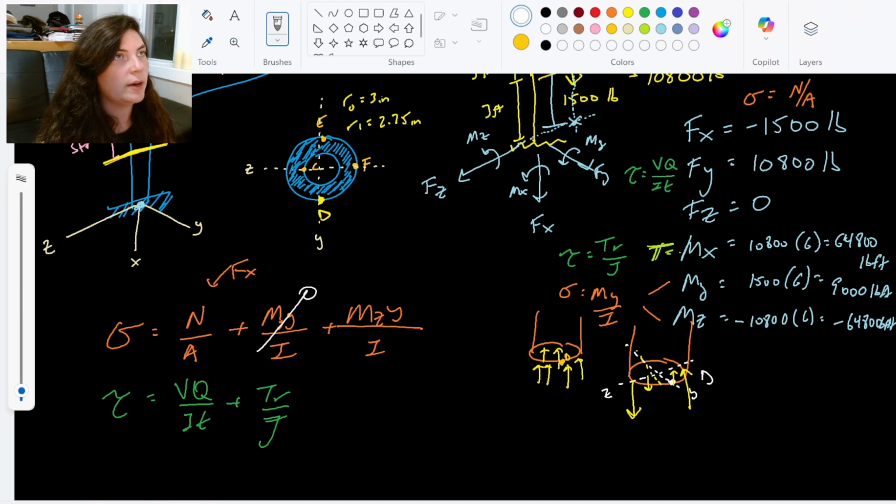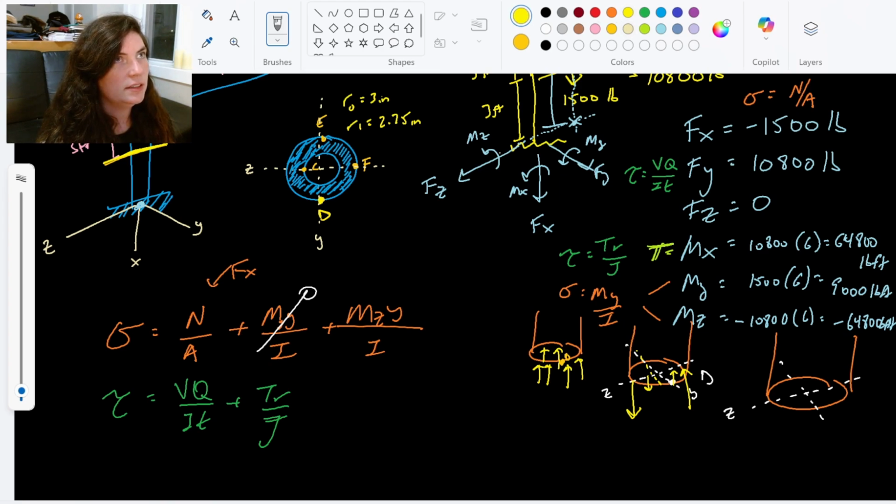But let's check out Mz. What's going on at Mz over here? Here's our cross section. At Mz, now we're dolphining over the z-axis.